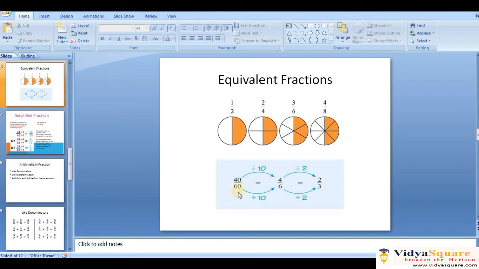So 40 by 60, 4 by 6 and 2 by 3, all these are equivalent fractions. I can multiply them with the same number or I can divide them with the same number. So such fractions are called equivalent fractions.